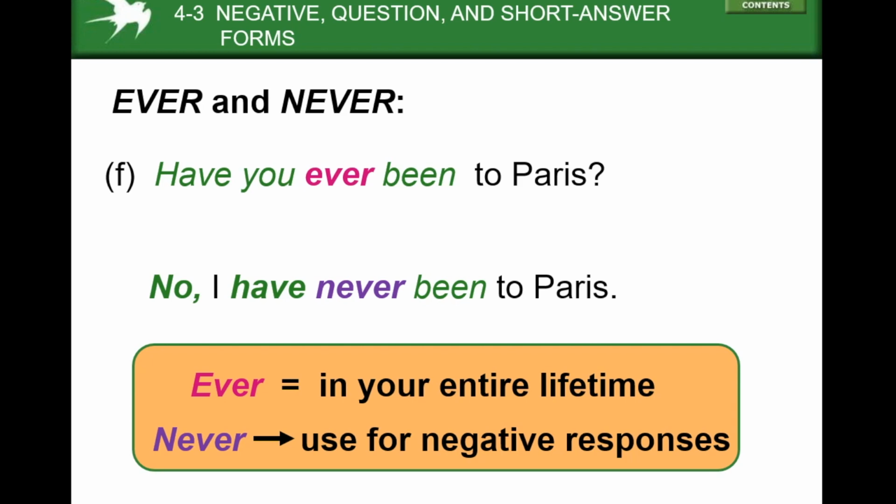When you're saying never, you mean that in your whole life, you have never done this. If you answer with yes, you can say yes plus the subject, plus the helper verb, plus the main verb. So it becomes, yes, I have been to Paris.